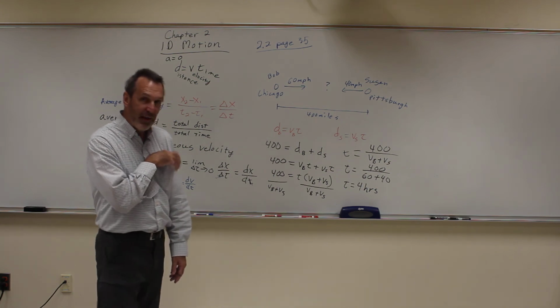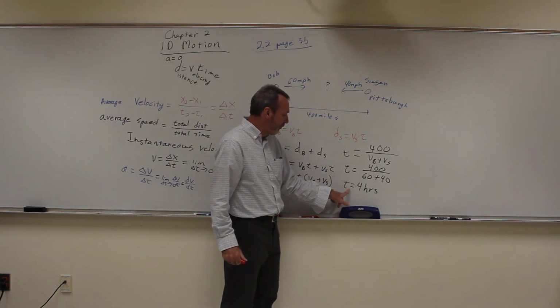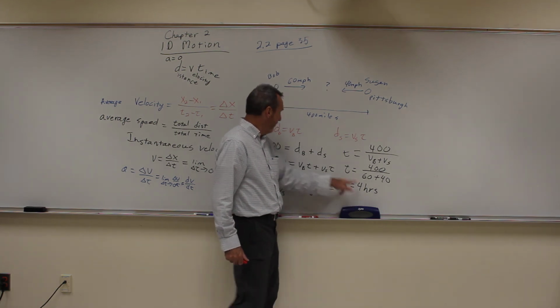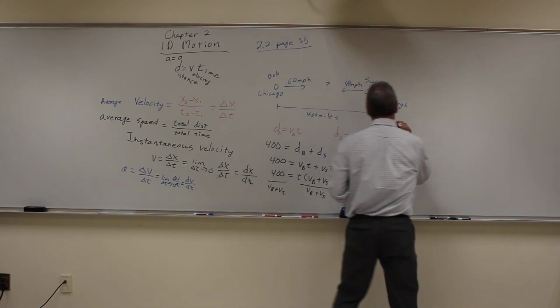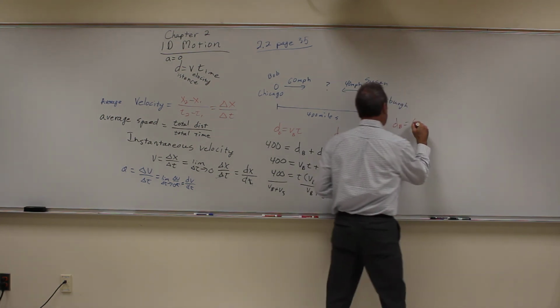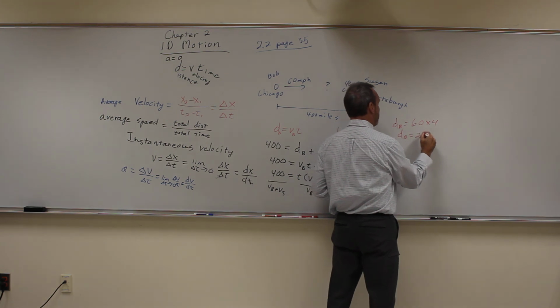That's not what they asked. They asked, where did they meet? Well, we know now exactly how long both of them drove. So I know the time, so now I can just plug it back into here. So the distance Bob travels is just going to be 60 times 4, or Bob travels 240 miles.